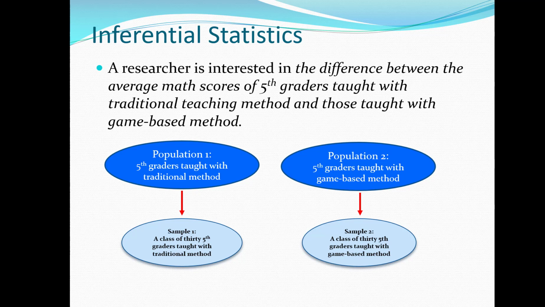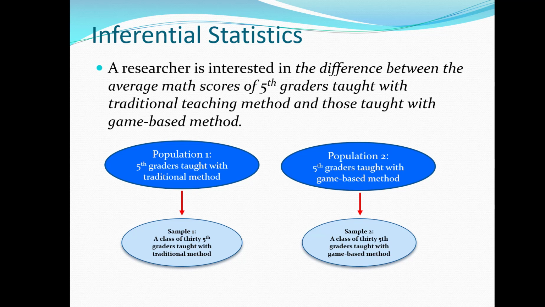If those indices are calculated from the whole population, we call those indices parameters. If those indices are calculated from our sample, we will call those indices statistics. We also mentioned that when we use descriptive statistics, we only want to describe our data, and we don't want to do anything beyond that.